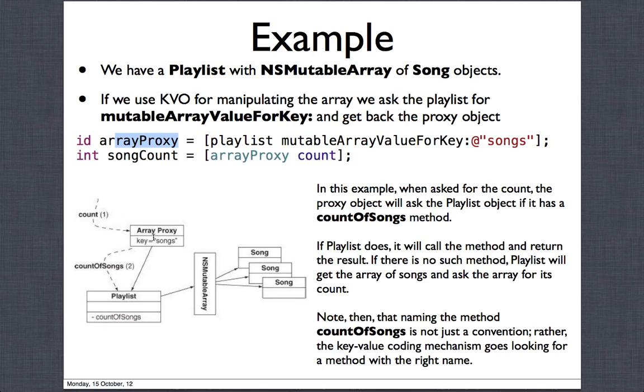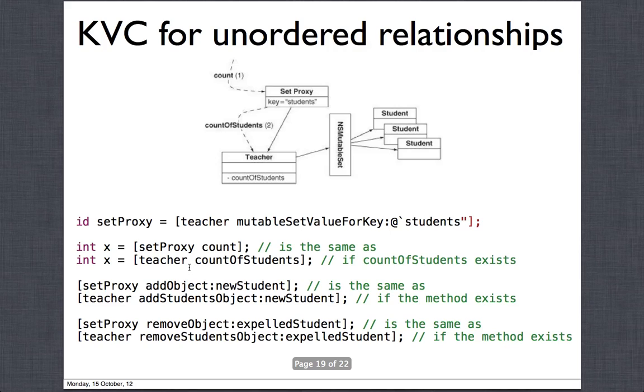We ask the proxy for count, and that will first check if the playlist has count of songs, because count is the name and songs is the name. We could, of course, call the playlist itself and ask it for count of songs. This is okay. And if it doesn't, then it will check the array of that name and ask that array for count. And exactly the same here.